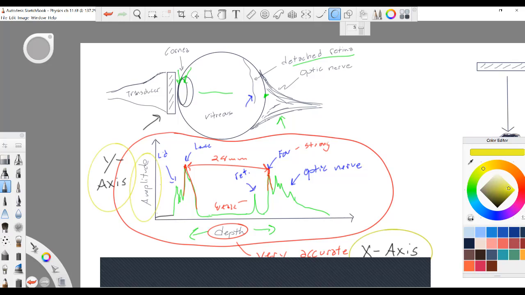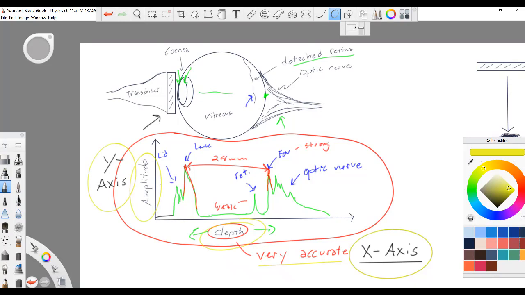Amplitude is on the y-axis. Depth is on the x-axis. It's very accurate with depth, and that's really why they use this. They want to make very, very precise measurements. General ultrasound makes pretty precise measurements, but this is even better.